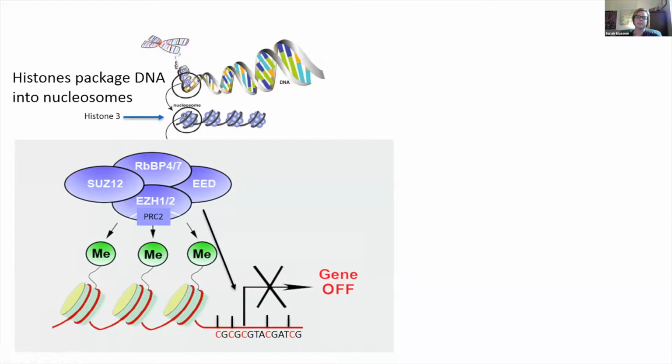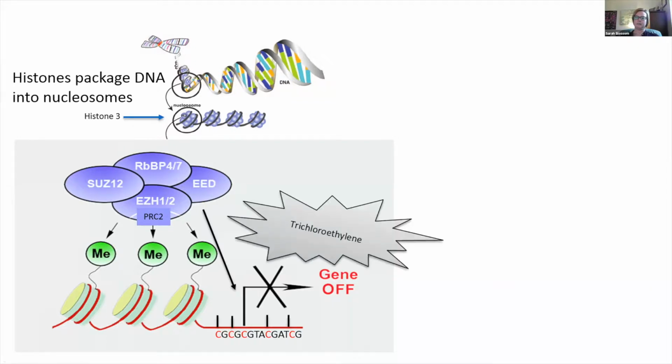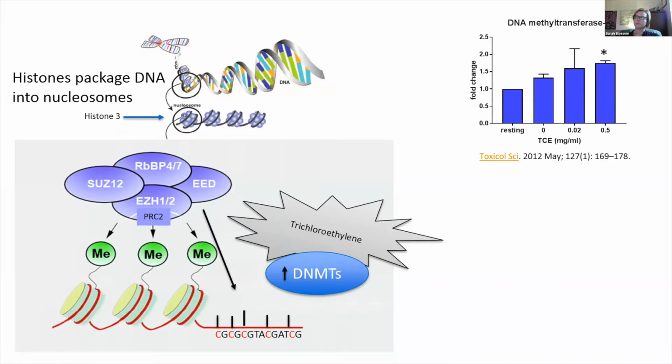So our previous studies show that TCE can increase DNA methyltransferase enzymes in activated cells. So this is how we hypothesized that this is happening. And this is data showing that we know that TCE can activate these methyltransferases.